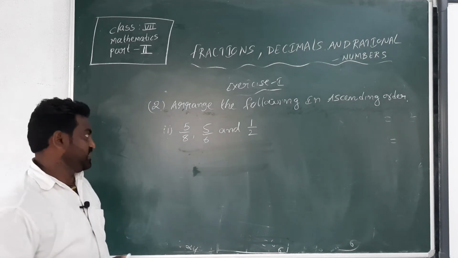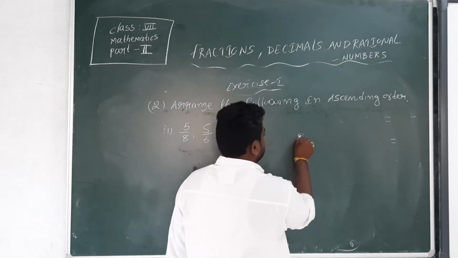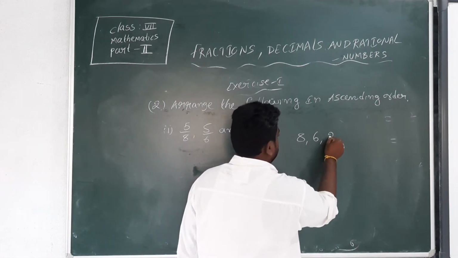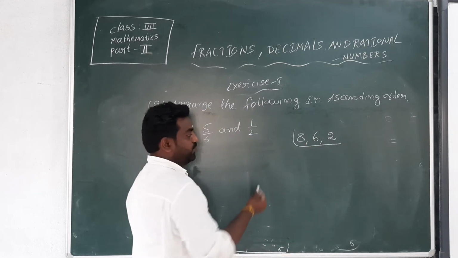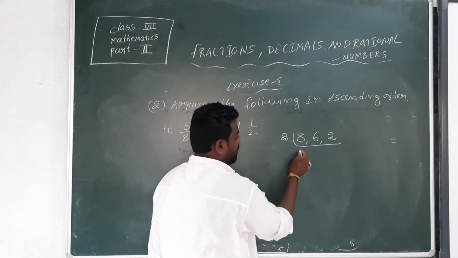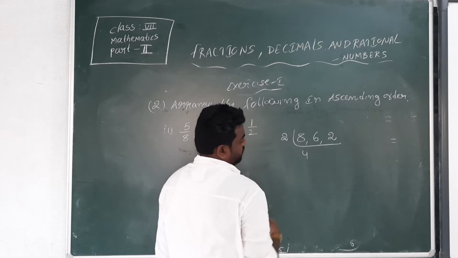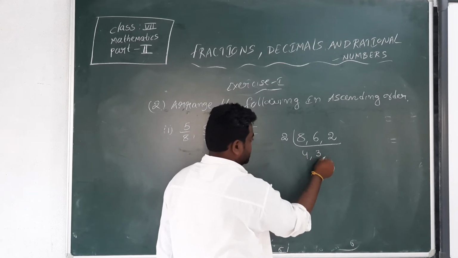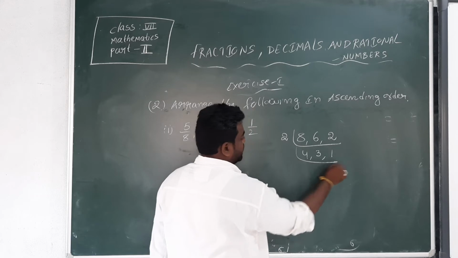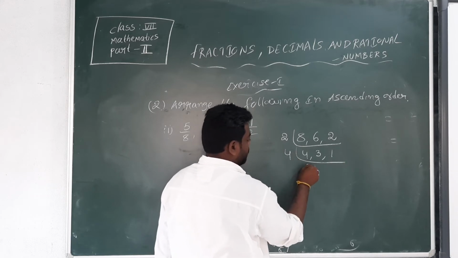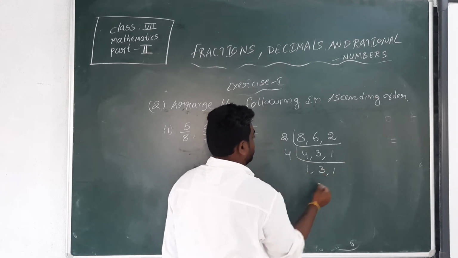First take the LCM of 8, 6, 2. Now 2 table how many times? 4 times, 3 times, 1 time. Another 4, 1 time; 3 not possible, 1 not possible.